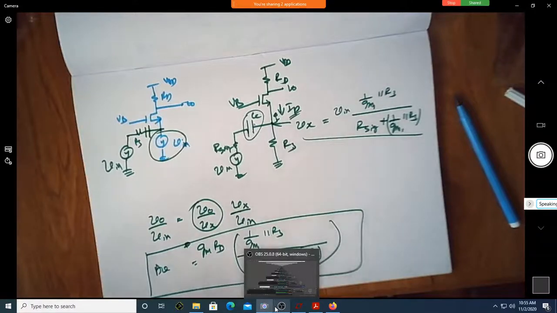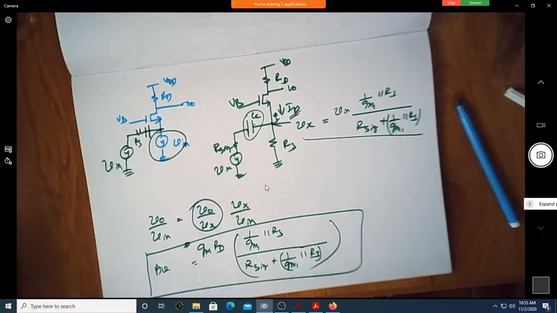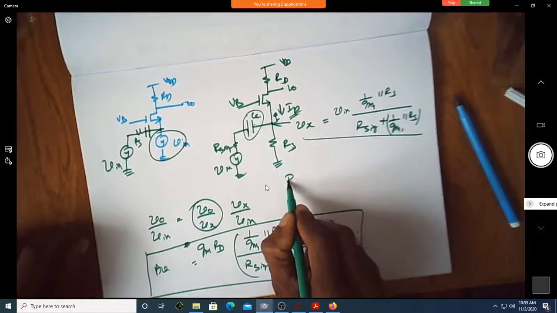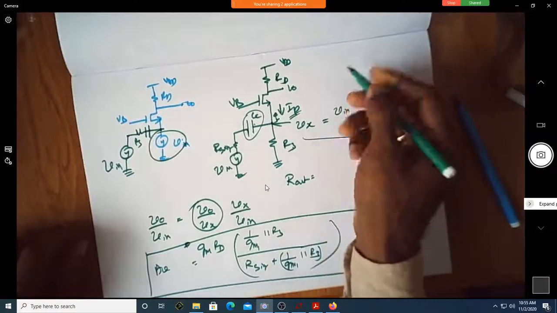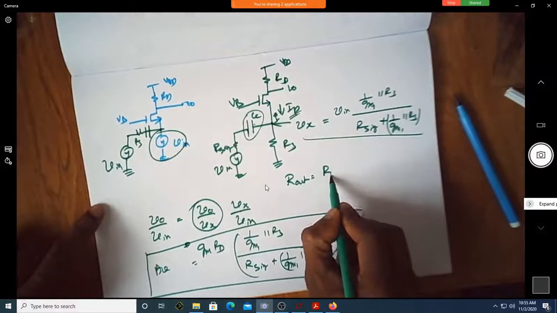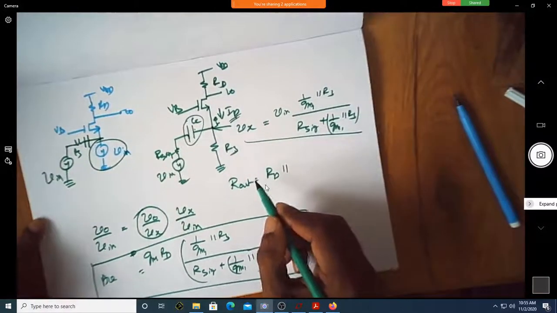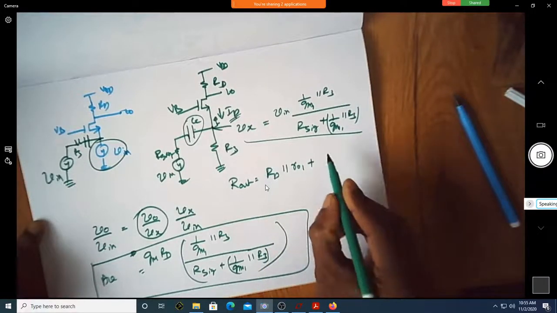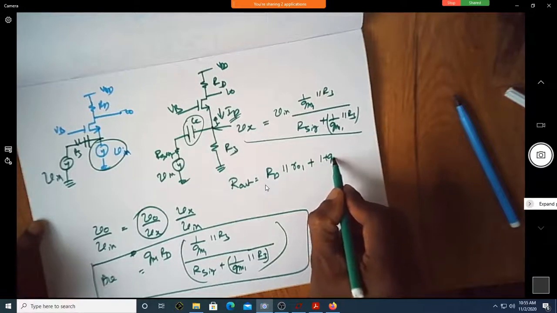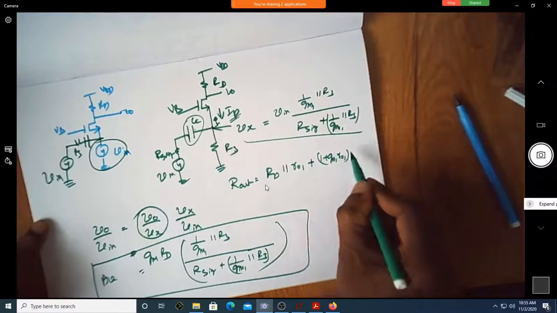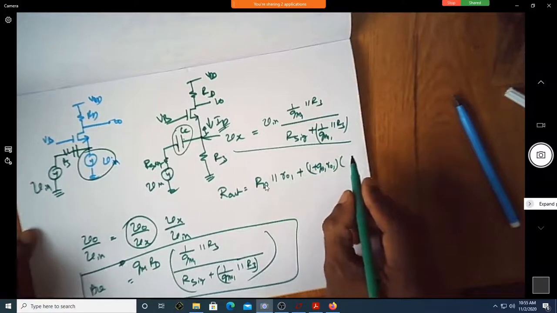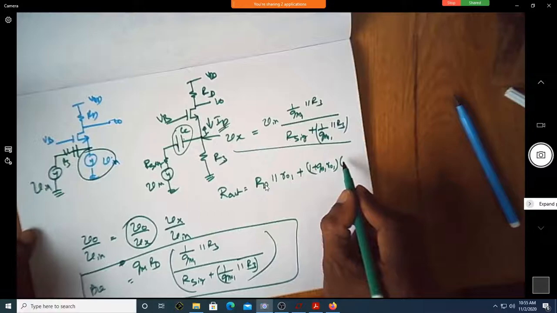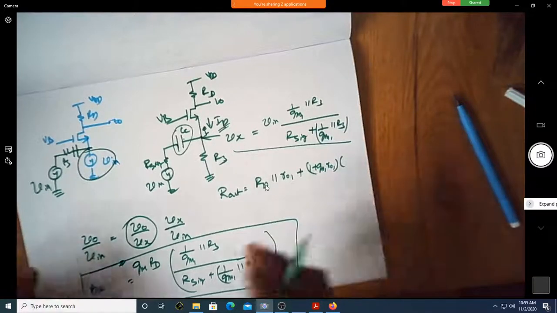Okay, that's it. Can somebody say what is Rout of this? Overall Rout looking in parallel. Is it not RD in parallel with the resistance looking down, R naught 1 plus (1 plus GM1 R naught 1) times what?